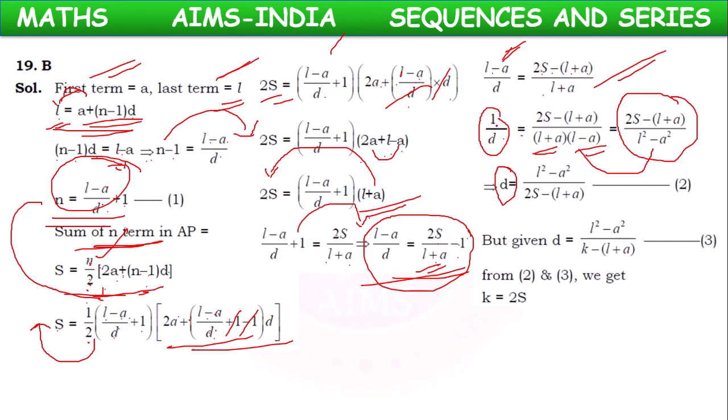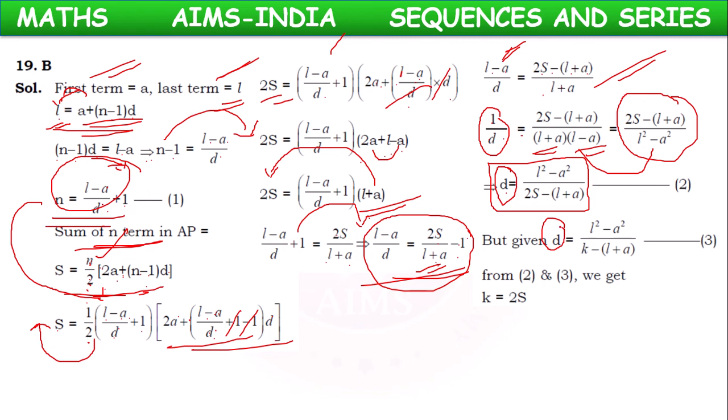If we take its reciprocal, 1 by d will become d by 1. The RHS reciprocal, (l square minus a square) by (2s minus l plus a), will come. If we interchange the numerator and denominator, this is the d value according to the hints.